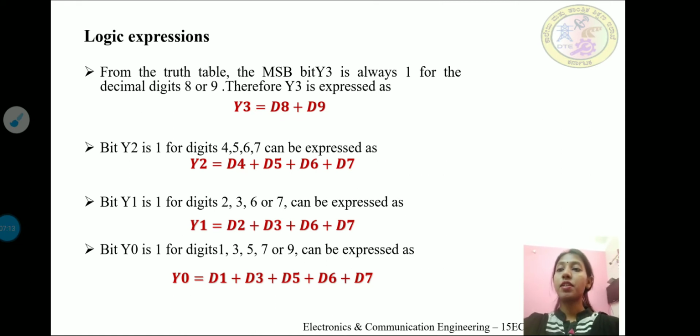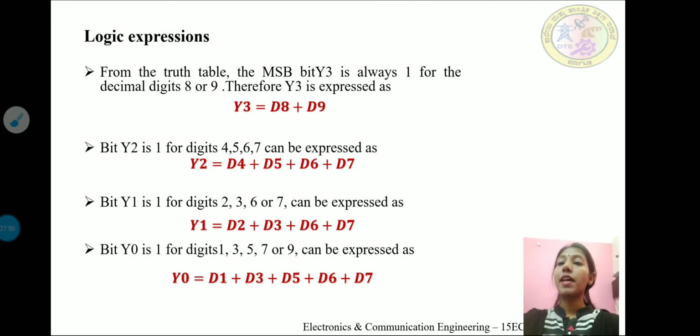From these expressions, we can observe that each expression consists of the decimal digits from D0 to D9, and all the expressions consist of the OR operation. So we require 4 OR gates in order to implement the logic circuit, one for each of the 4 output bits. For the first expression, Y3 is equal to D8 or D9, the number of inputs required for the OR gate is 2, and for the second expression the number of inputs required is 4.